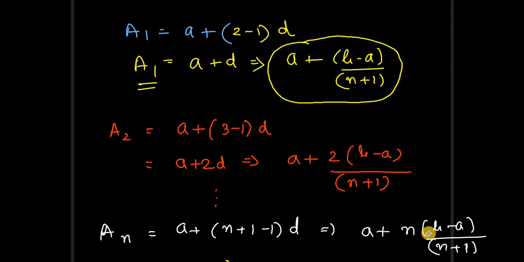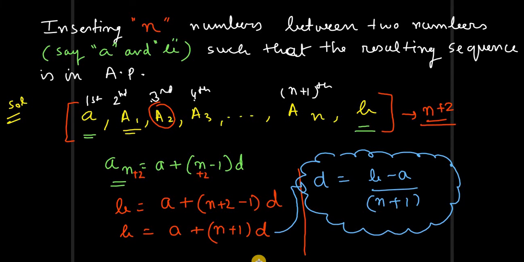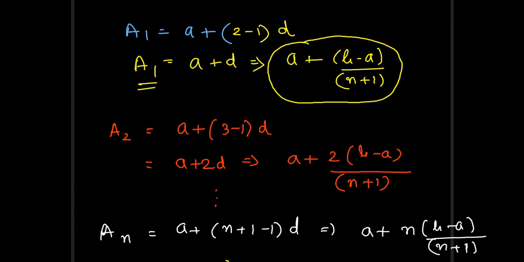So we have seen how we can find all the n elements between two particular elements, and this particular series, or not series exactly, it is a sequence. This particular sequence will be in AP. So let's head on with an example to make things more clear.